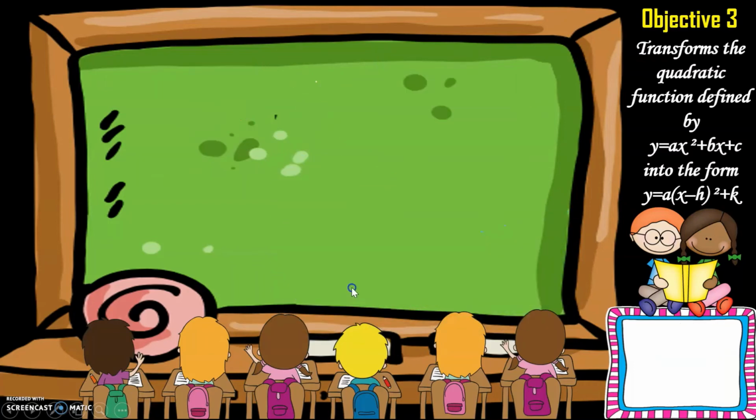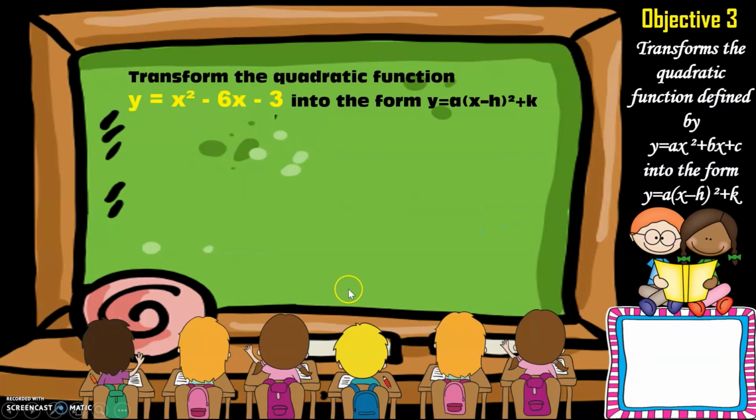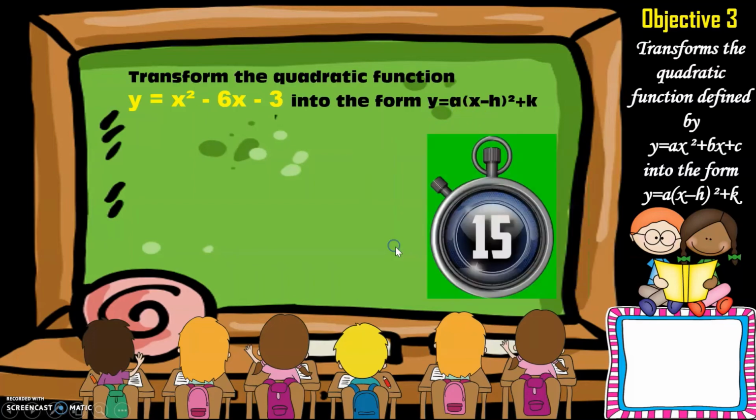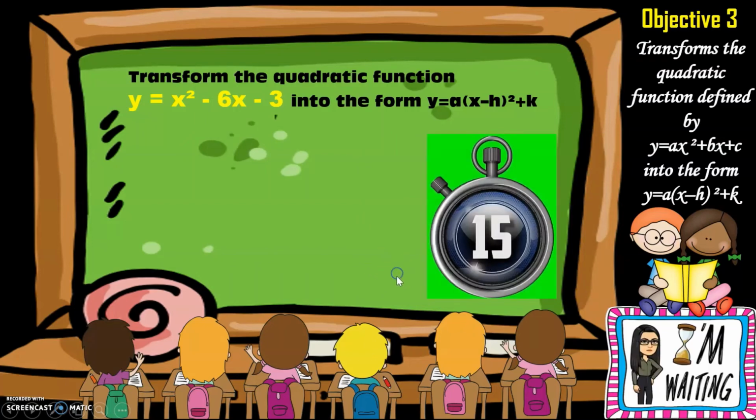Let's go! Given this one, y is equal to x squared minus 6x minus 3. You need to transform it into a vertex form or yung tinatawag nating y is equal to a (x minus h) squared plus k. So I will give you 15 seconds to answer and your timer starts now.